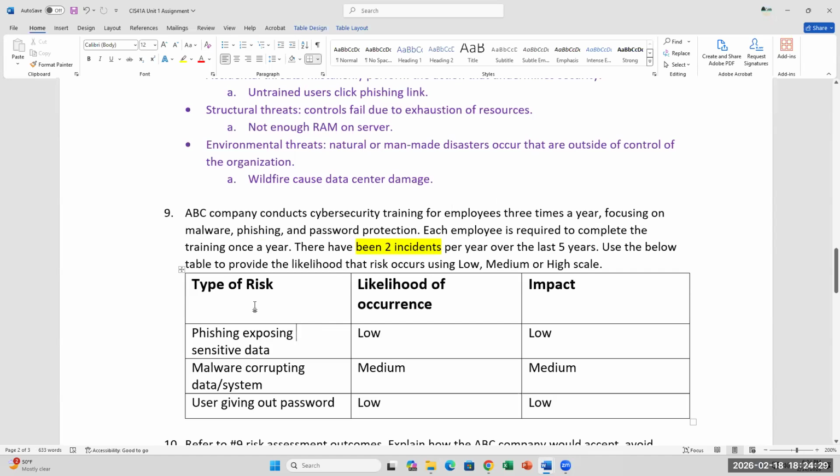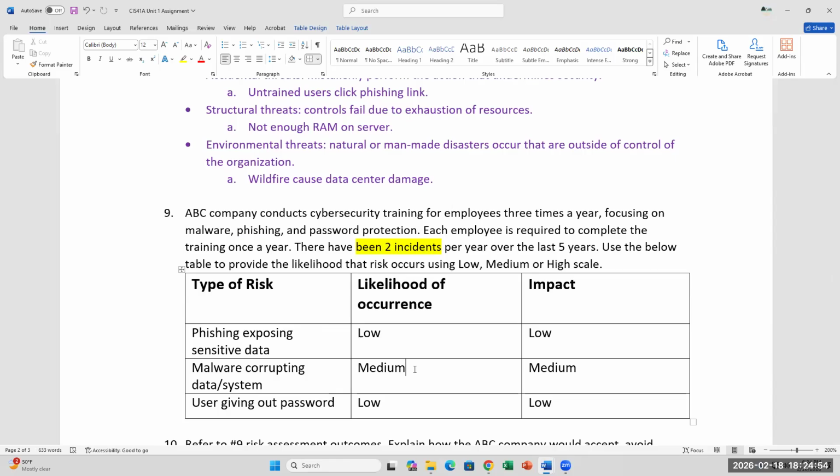The second area is going to be malware. So malware, a lot of times the job is to corrupt, right? Or prevent the system from being used or accessing the data, okay? And that could be medium. Why is it medium versus phishing being low?